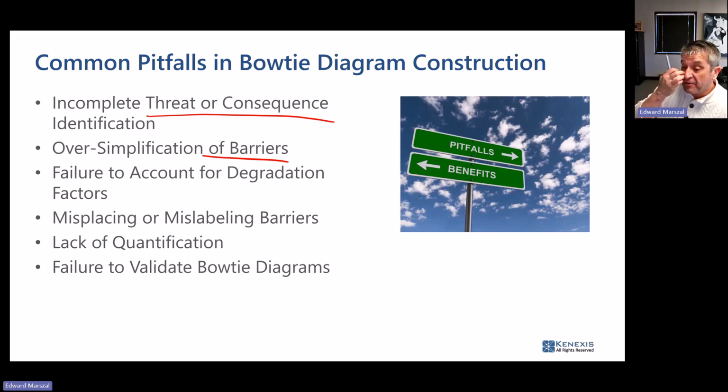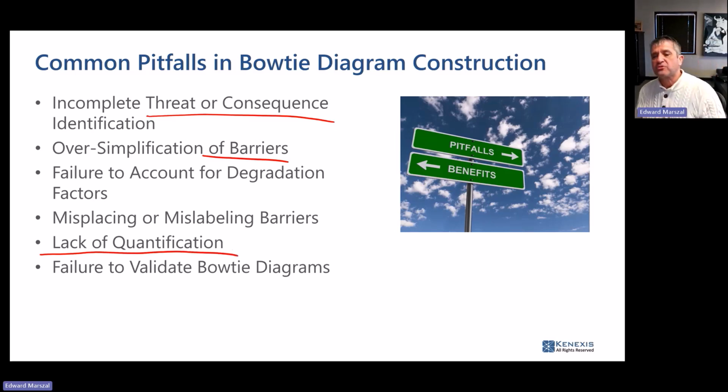Failure to account for degradation factors. There are so many incidents in industry where ultimately the barriers were in place, but they failed because they were put into bypass, they weren't maintained, etc. Misplacing, mislabeling barriers, so calling a mitigative barrier preventive and so on. Lack of quantification.